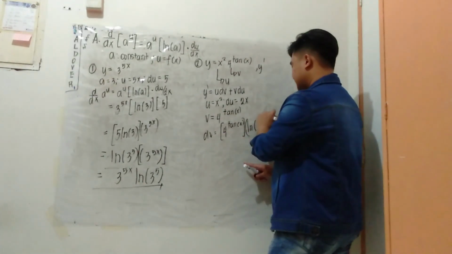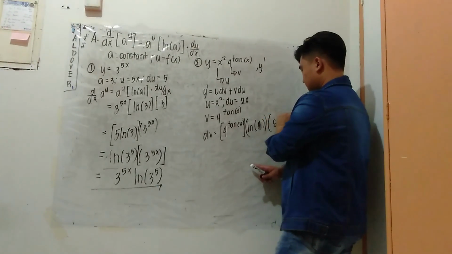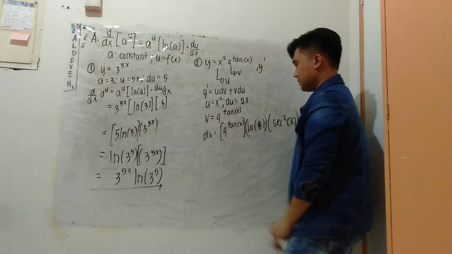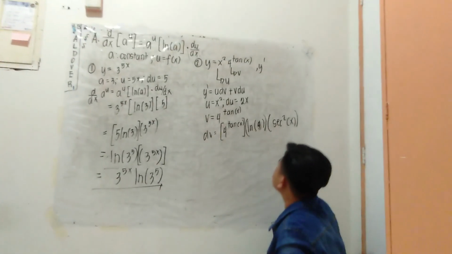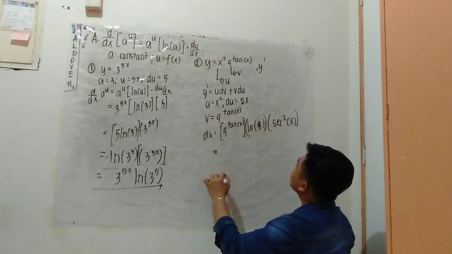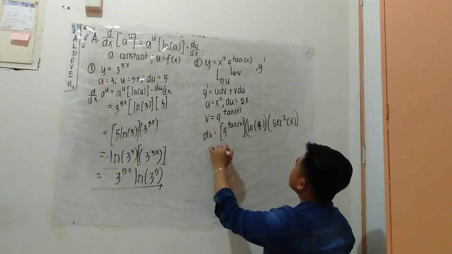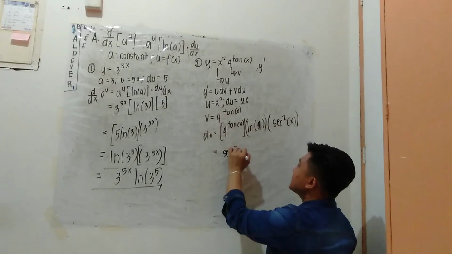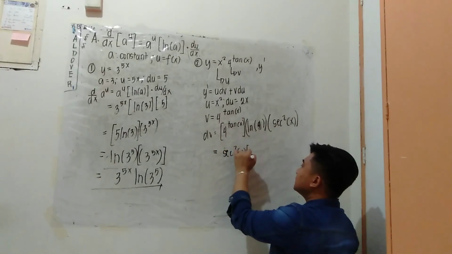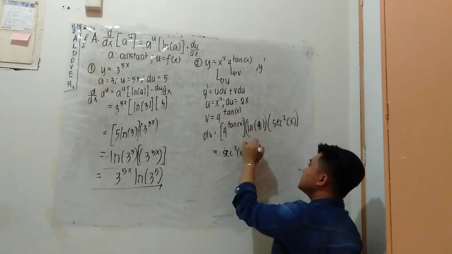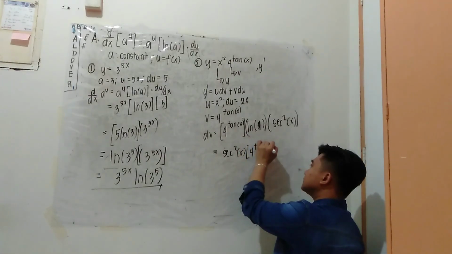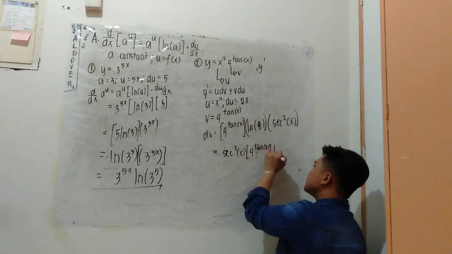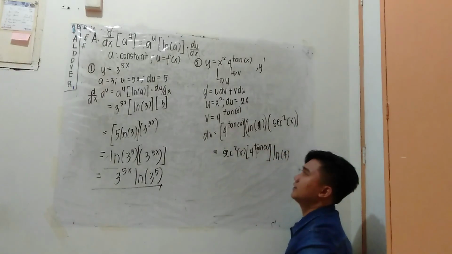Secant squared x. So, rearrange lang natin. This is equal to secant squared x, 4 raised to tangent of x times ln of 4. Okay?